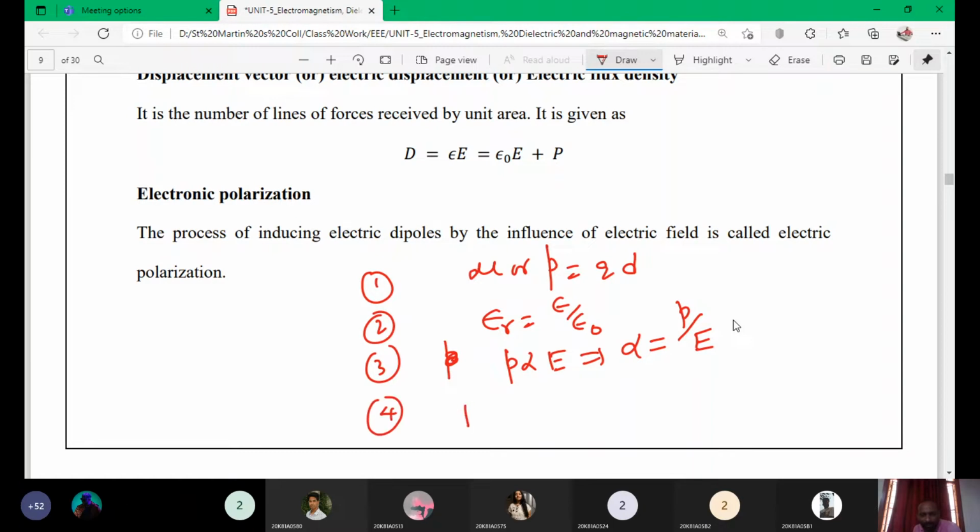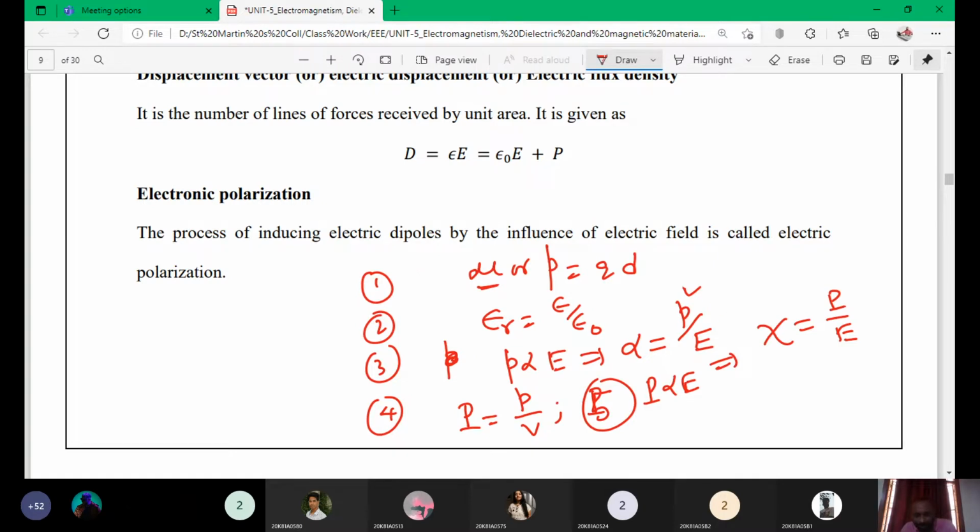Next one, polarization vector, the dipole moment per unit volume. Fifth, the polarization vector is proportional to electric field, and from there susceptibility, polarization per electric field. Capital P is the polarization vector, small p or mu is the dipole moment.